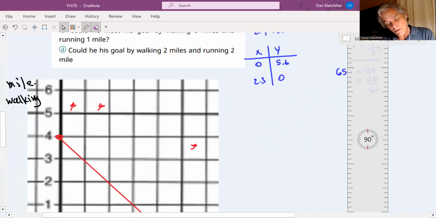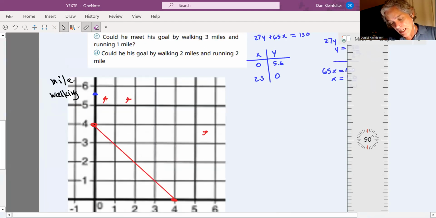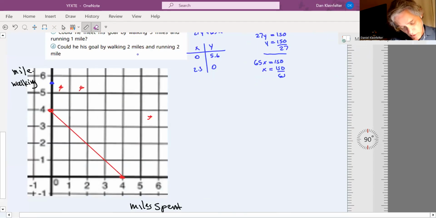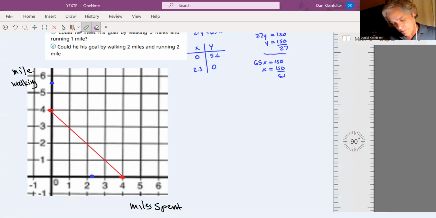Okay, so then let's put on these points. When x is 0, we should be at 5.6. And then when x is 2.3, y will be 0. And so let's connect the dots again.